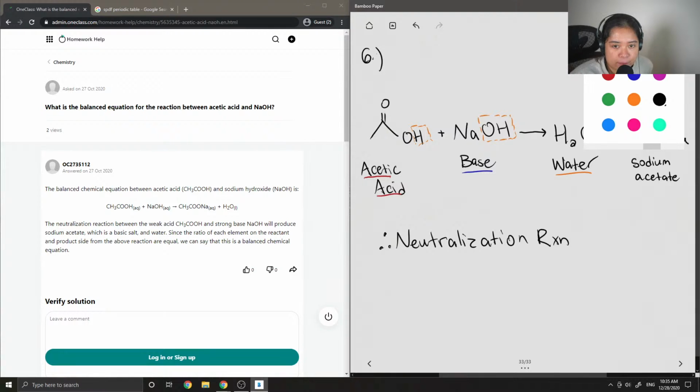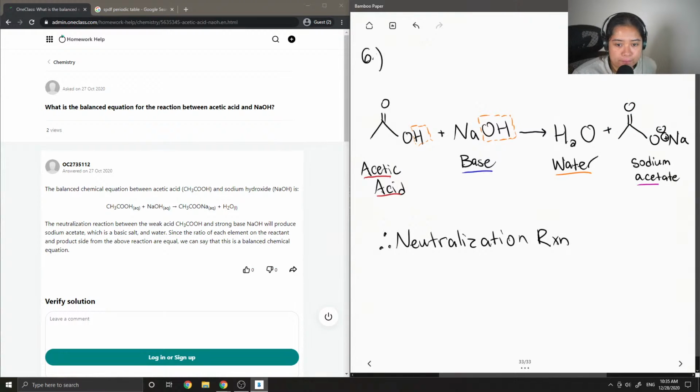Okay, so now let's make sure that the equation is balanced. We have 2 carbons on our reactant side, 2 carbons on our product side. We have 2 hydrogens on both sides, 1 sodium on both sides, and 3 oxygens on both sides as well.